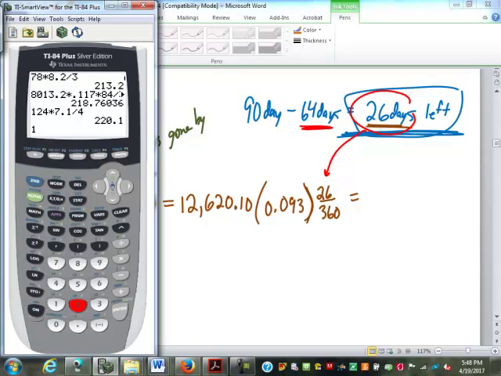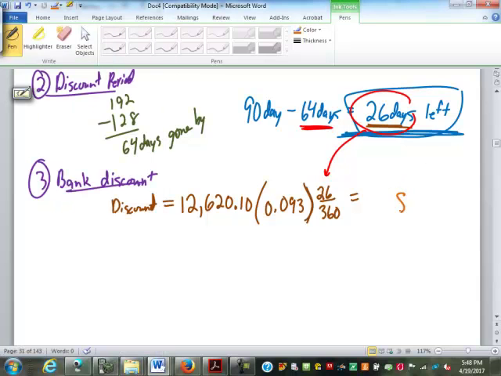So 12,620.1 times 0.093 times 26 divided by 360. $84.77 is the bank's discount. And then find the proceeds.